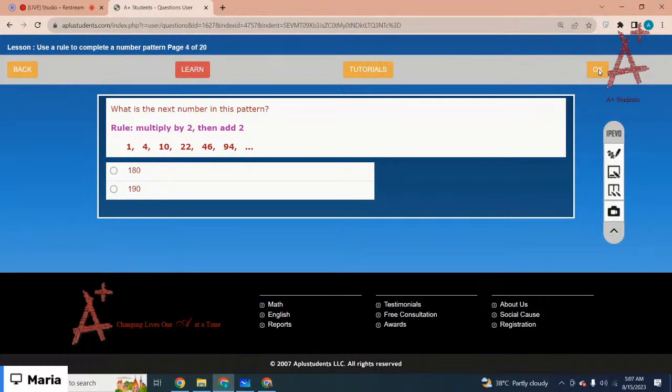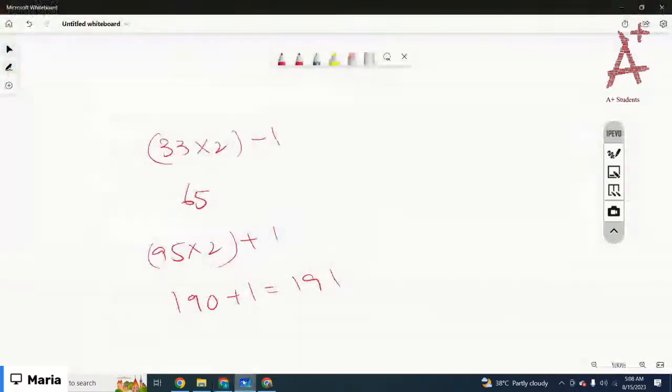Okay, what is the next number in the pattern? Multiply by 2 and then add 2, right? So start with 94, that is the last number in the pattern. You have to multiply 94 times 2 and then add 2. 2 times 4 is 8 and 2 times 9 is 18. 188 plus 2 is 190.